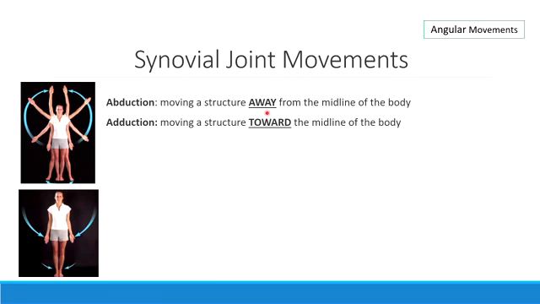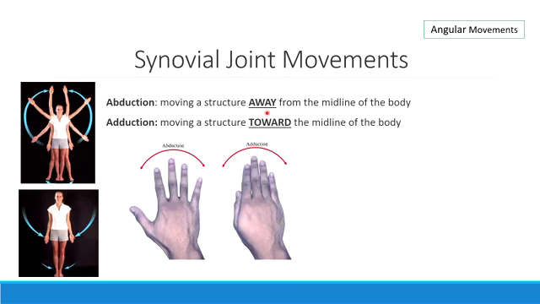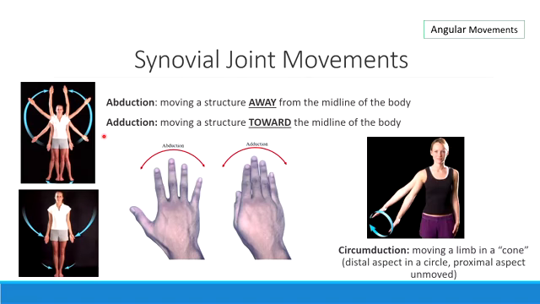Adduction is when we add them back down. So abduction, up, adduction, back down. You can actually do this with your fingers as well. The midline of your hand is your middle finger. So when we abduct our fingers, they're spread out. Adduct them back together. It's the same thing as what we're doing with our shoulders.